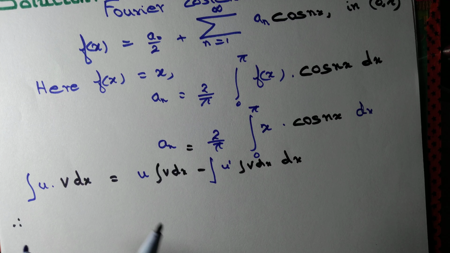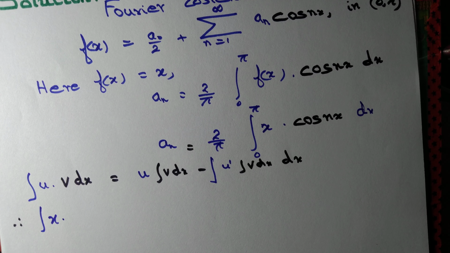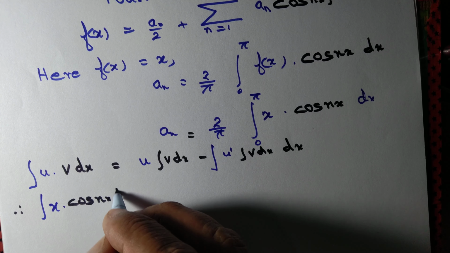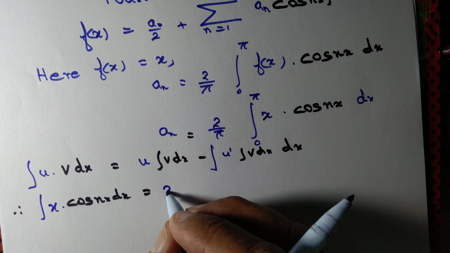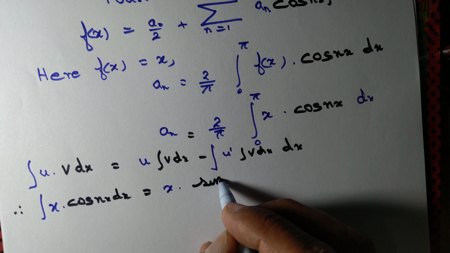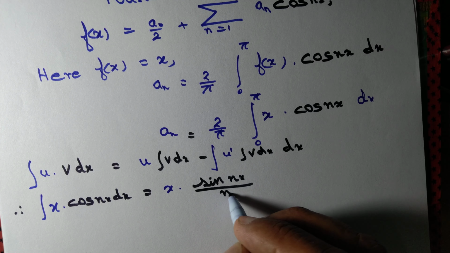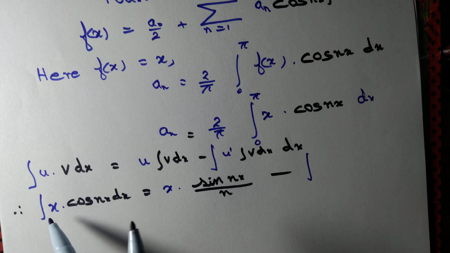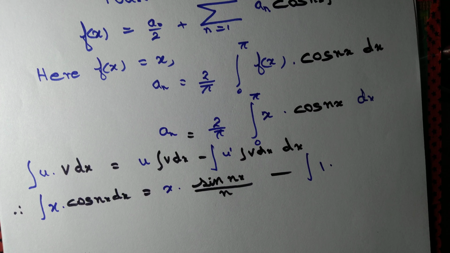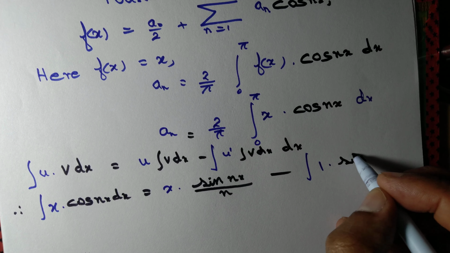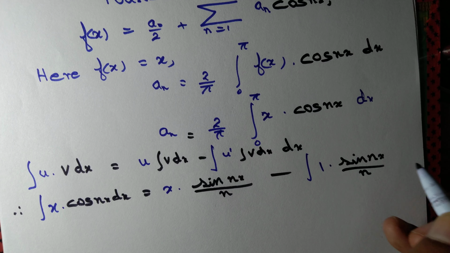Therefore, integral of x into cos nx: the first function is x, the integral of cos nx is sin nx by n, minus the integral of the derivative of the first function, the derivative of x is 1, times the integral of the second function, sin nx by n, dx.